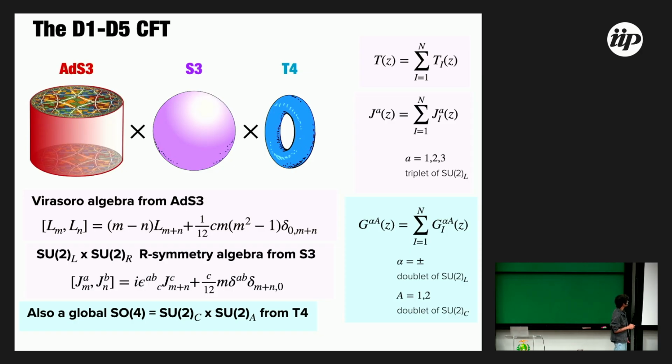And so you have fields with these indices here. You have indices in SU2, and you have indices in doublets of SU2 that appear in the fermionic generator. And I'm ignoring the anti-holomorphic part. There is a different copy which is identical.